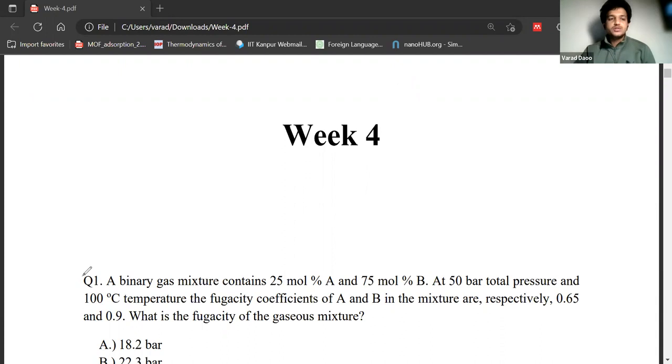So nobody has any questions, so I will start with today's question. The first question we have is about a binary mixture. Remember, when we say binary, that means it is two components.